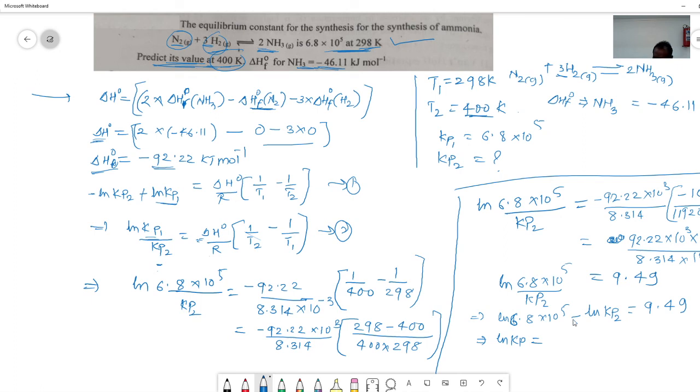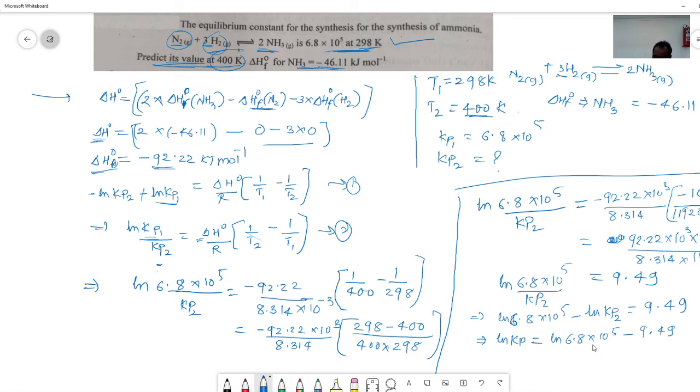If I multiply by negative, this will become positive and this value will become negative. So ln Kp2 comes out to be ln 6.8 into 10 raised to 5 minus 9.49.